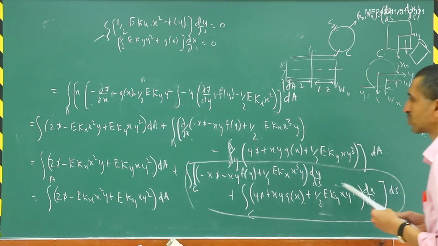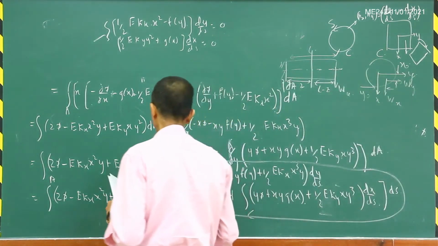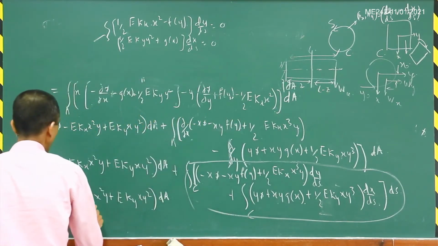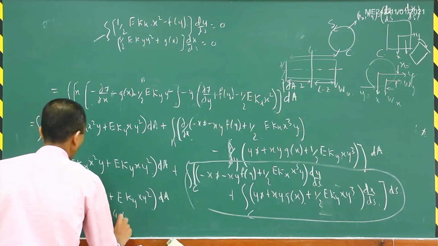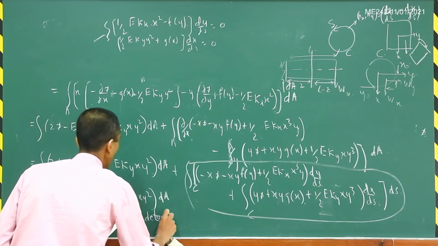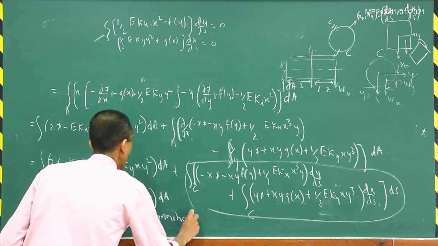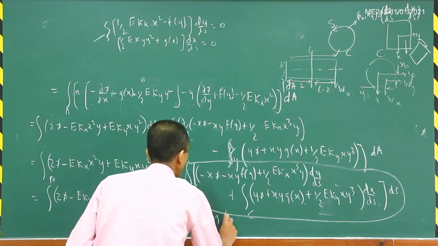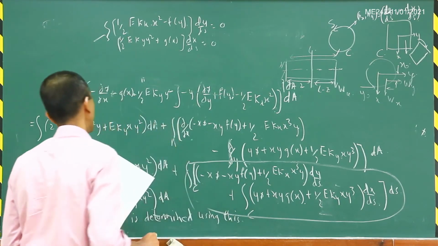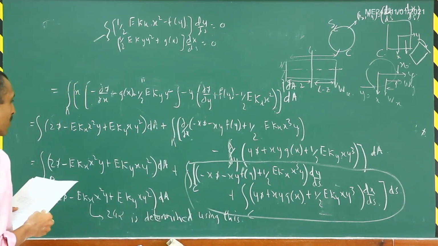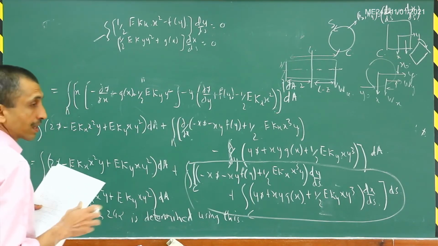And so this 2g alpha is now determined from this particular equation here. So the 2g alpha is determined using this equation now. So basically now let us summarize the whole thing.